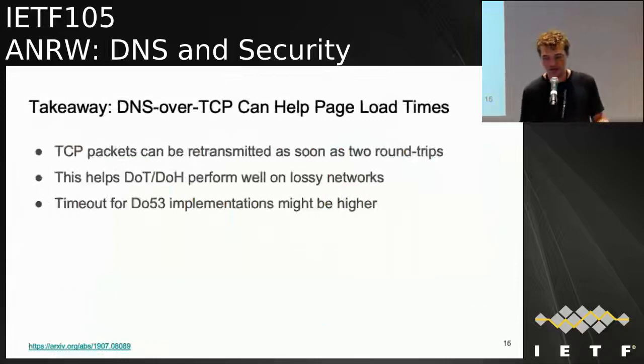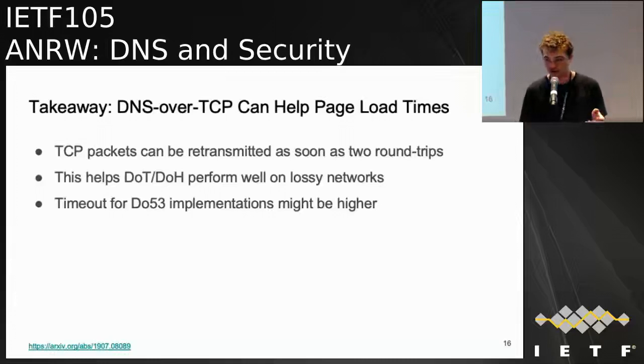It seems that if you're running DNS over TCP as a transport, this can actually help page load times. We saw that across the university network, the 4G network, and lossy 4G, DNS over TLS was performing either indistinguishably, and by that I mean plus or minus 30 milliseconds in terms of page load times, or it performed slightly faster than DO53.